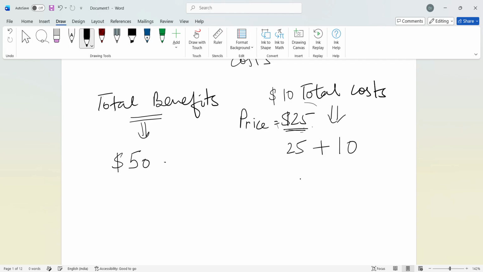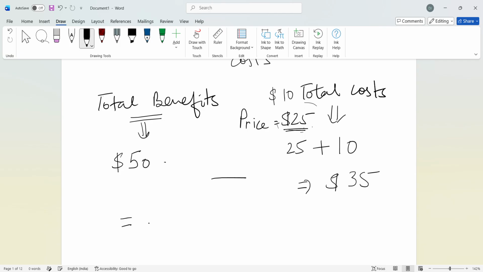So I'll add that $10 into my total cost, and I'll say that my total cost for buying this umbrella is $35.